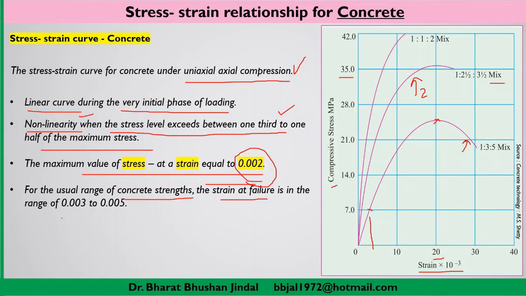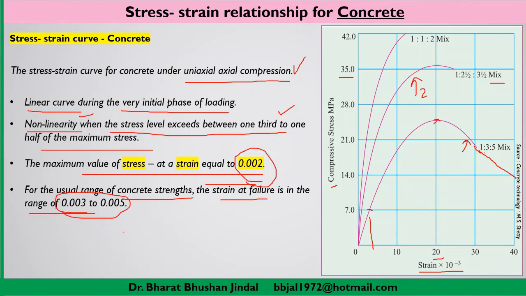So that's why we have mentioned here that after that value of strain, if this graph continues like this, then you will find that the failure mechanism, or you can say the concrete sample, will fail when the strain range is beyond 0.003, or you can say 0.003 to 0.005.